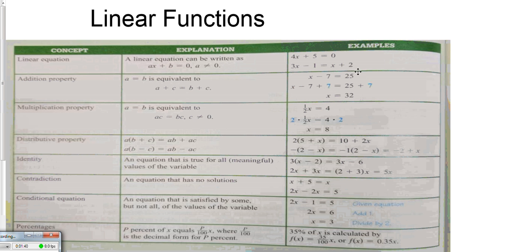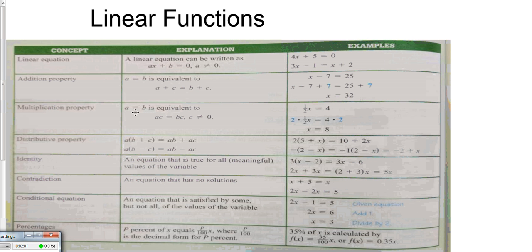The reasoning behind the fact that we can go from this equation to this equation is called the addition property. It just allows you to add to both sides. Basically, it just means you add the same amount to both sides of the equation, and you didn't change the truth of the equation. It's still a true statement.